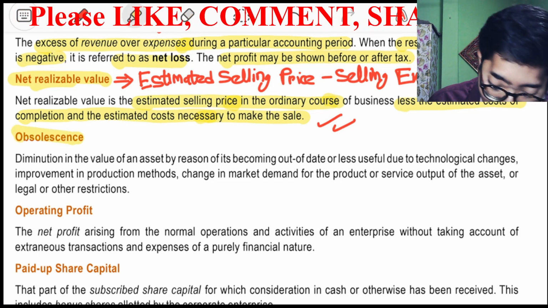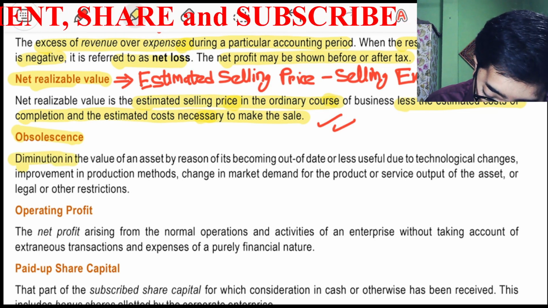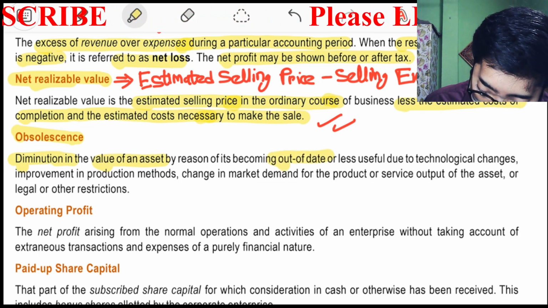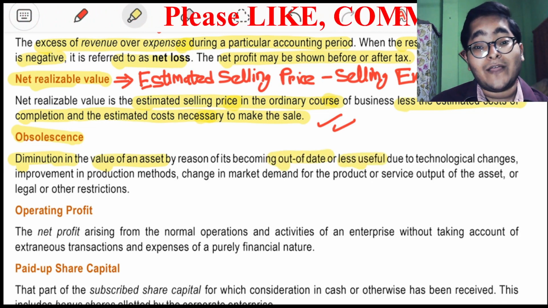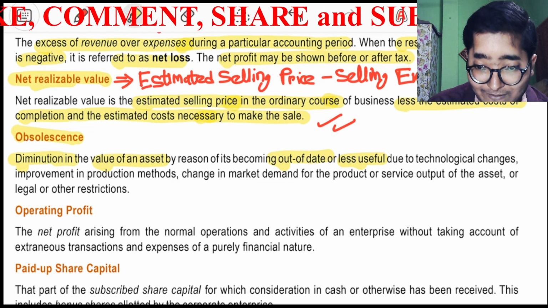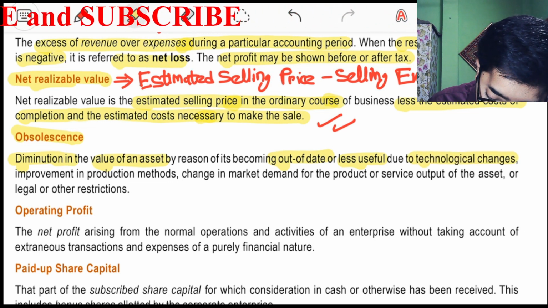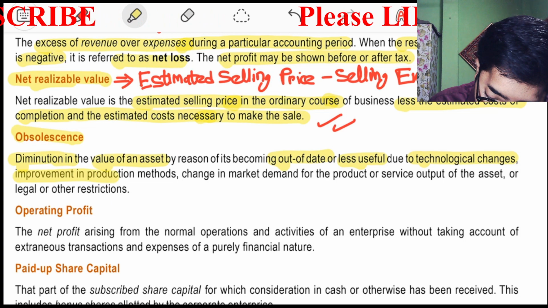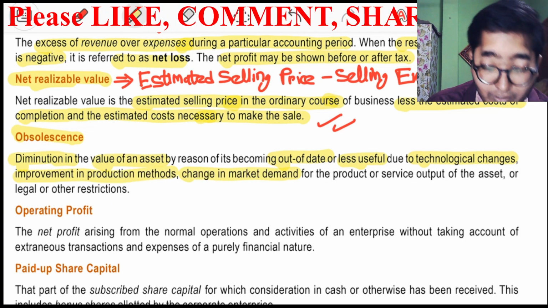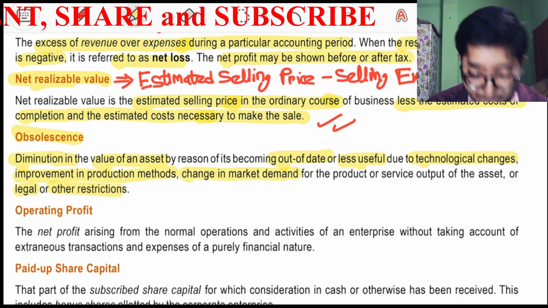So, obsolescence is the reduction in the value of an asset by reason of becoming out of date or less useful, due to technological changes, improvement in production methods, change in market demand for the product or service, or legal and other restrictions.